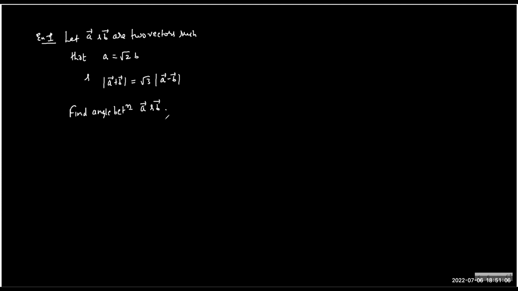How to proceed? First of all, you need to replace this modulus sign in terms of the formula. The best way is to square both sides after writing the formula, and then you can substitute A equals root 2 B. Now you can simplify this.